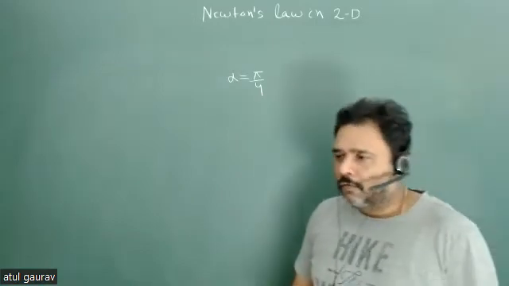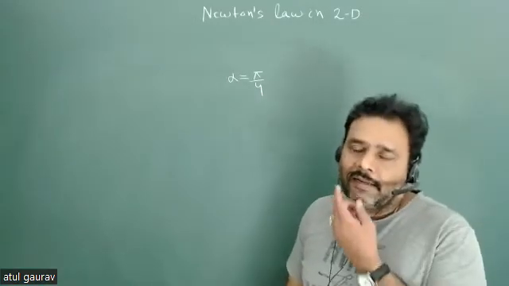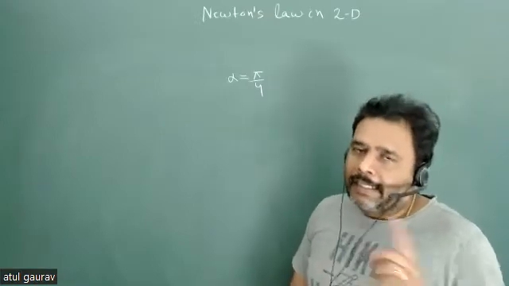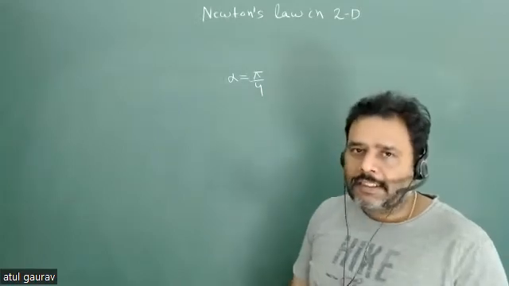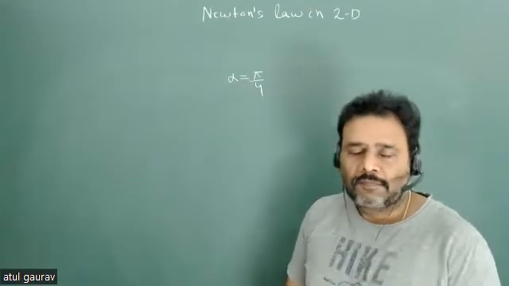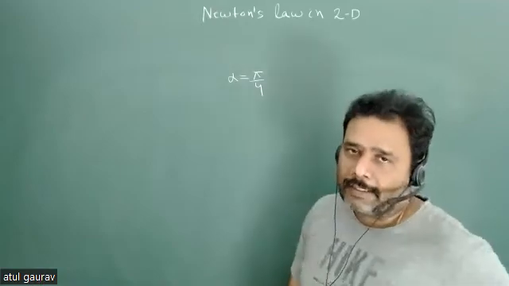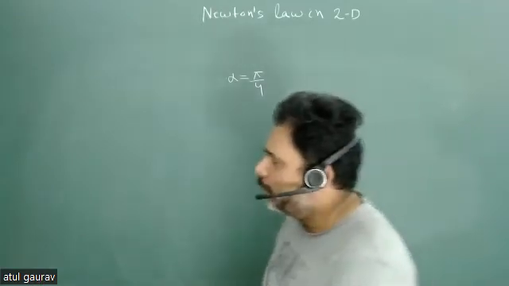So what do we have to do? We have to write the radial part and tangential part of the component of g. What is g? It is the gravitation at the maximum height of the projectile. Are you getting my point?